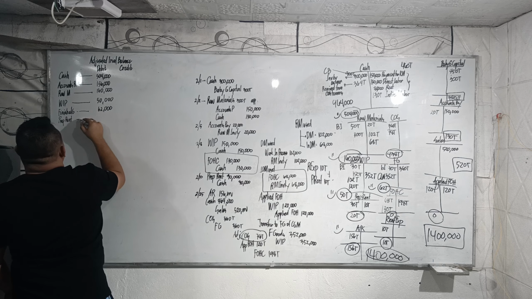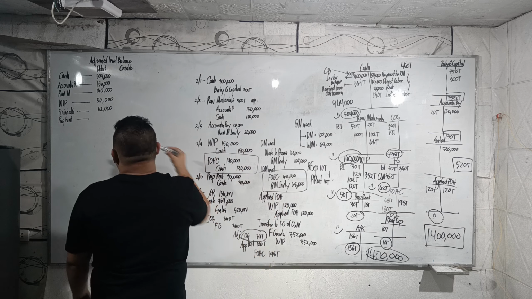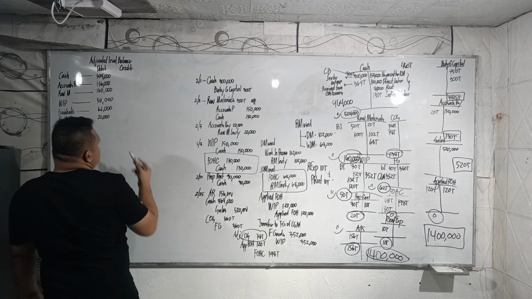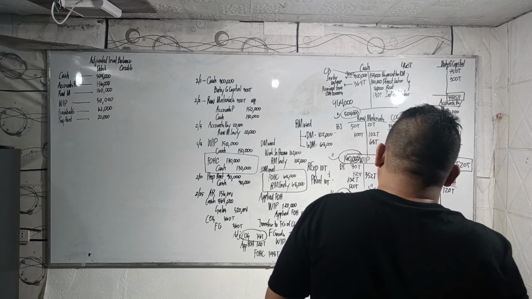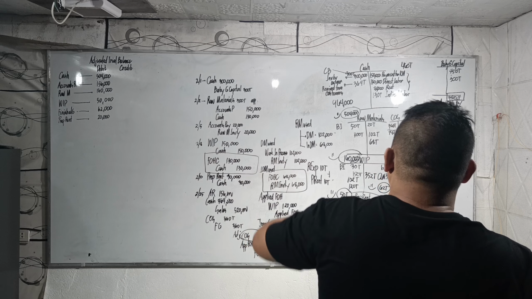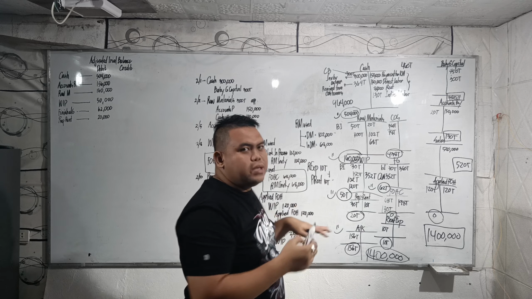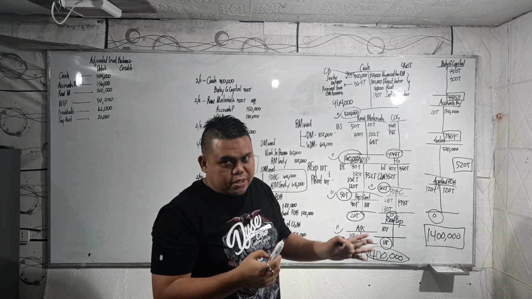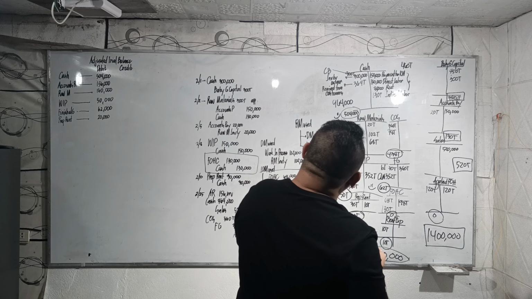The prepaid rent is now from 30,000, it became 20,000. I guess that's the totality of the assets because I made the problem easier. There are not a lot of twists. For example, non-current assets were not included in there and other items. So that's it for the assets.